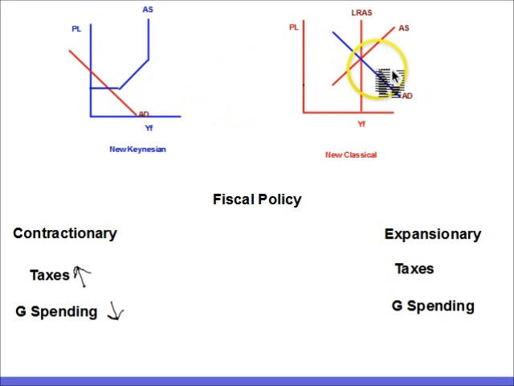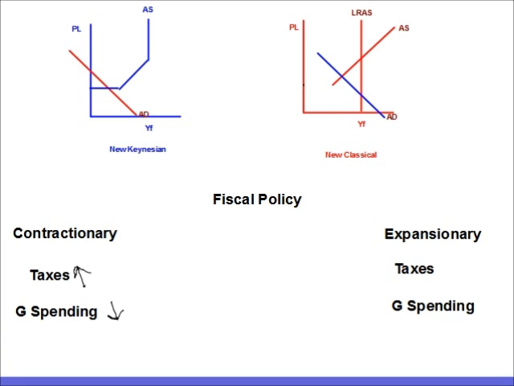And in our new classical, we're going to bring it to the left here. Notice it forms a little triangle to the left. We call this our recessionary gap. And in both cases, price levels have gone down and employment has decreased as well.